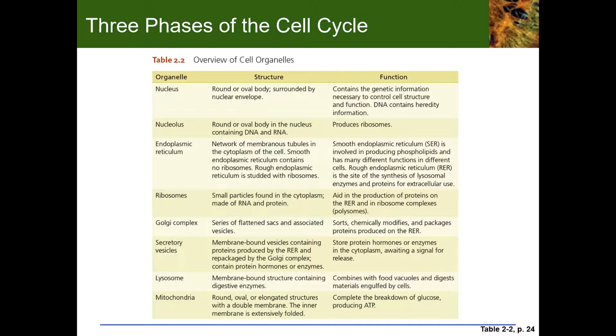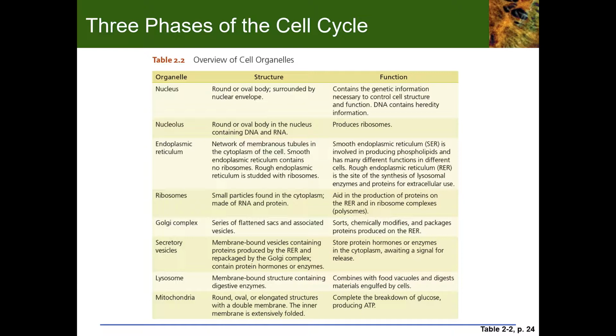The endoplasmic reticulum is a network of membranous tubules in the cytoplasm of the cell. Smooth ER contains no ribosomes. Rough ER is studded with ribosomes. The smooth ER is involved in producing phospholipids and has many different functions in different cells. The rough ER is the site of synthesis of lysosomal enzymes and proteins for extracellular use.